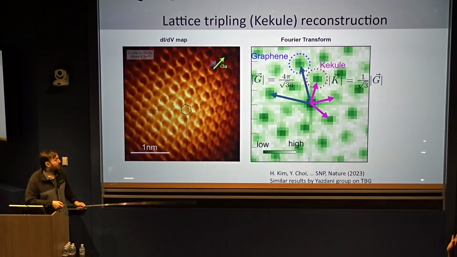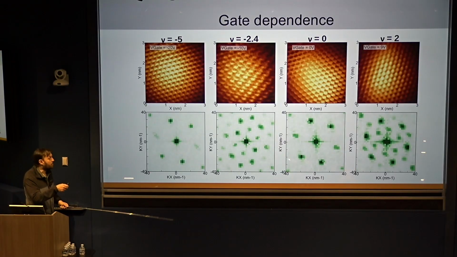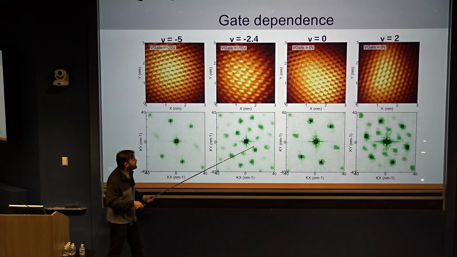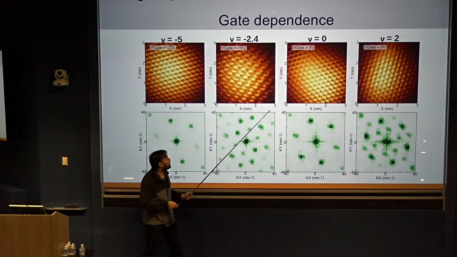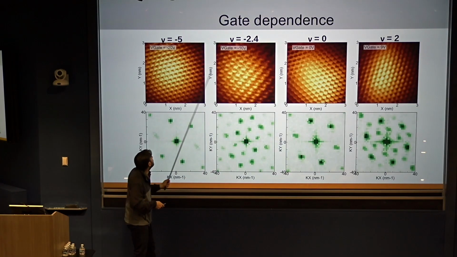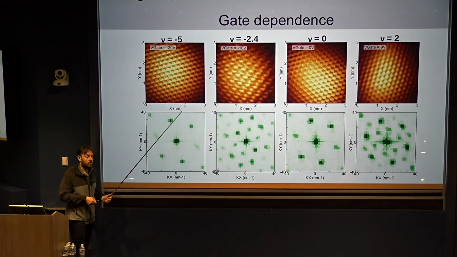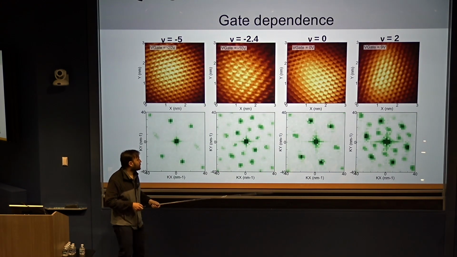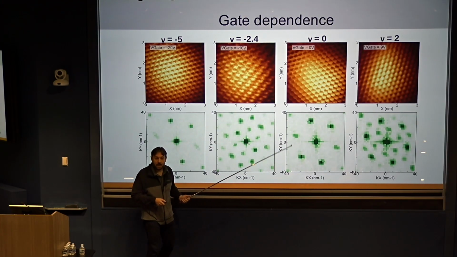And what's peculiar about this reconstruction is that it is gate dependent. Essentially you only see it in these regions where you are near half filling of the electrons or holes. So if you park at charge neutrality, or you park your voltage far deep into the other bands, you don't see that. So it's related to these correlated states that emerge.